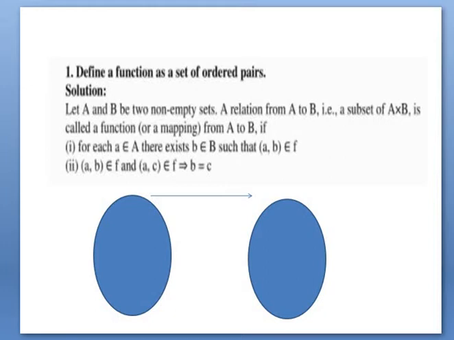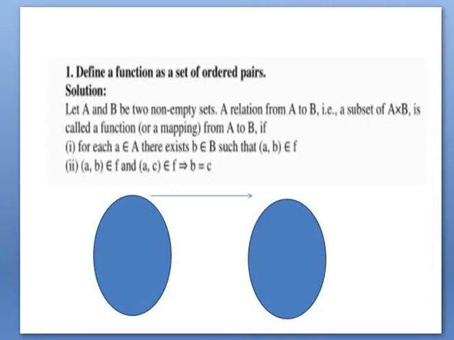Now if you write all the elements of set A in the first oval, then according to your first point, for each and every element of set A, you must have an element of set B. So this is your first point. Now in the second point, suppose you have an element in set A which has two images in set B. That means ordered pairs (a, b) and (a, c).